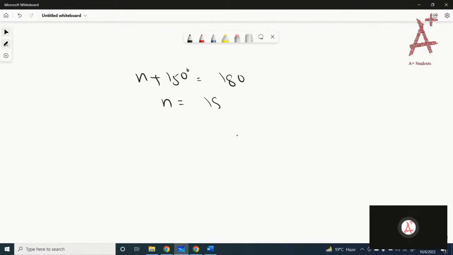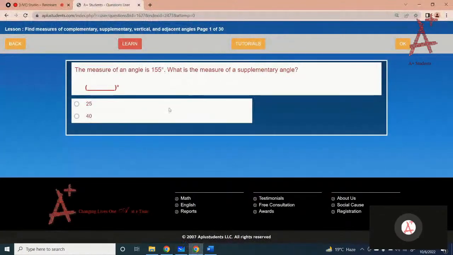So n equals 180 minus 150 and that would be 30 degrees. Got it? So select the correct option and click on the OK button. Oh, it's 155. Sorry, not 150. So it would be then 25 degrees. Got it? Select the correct option and click on the OK button.